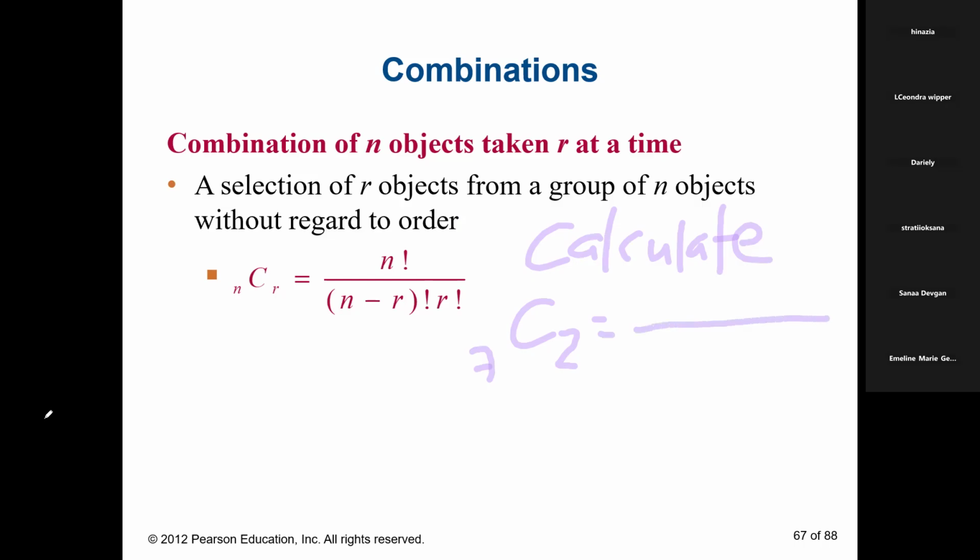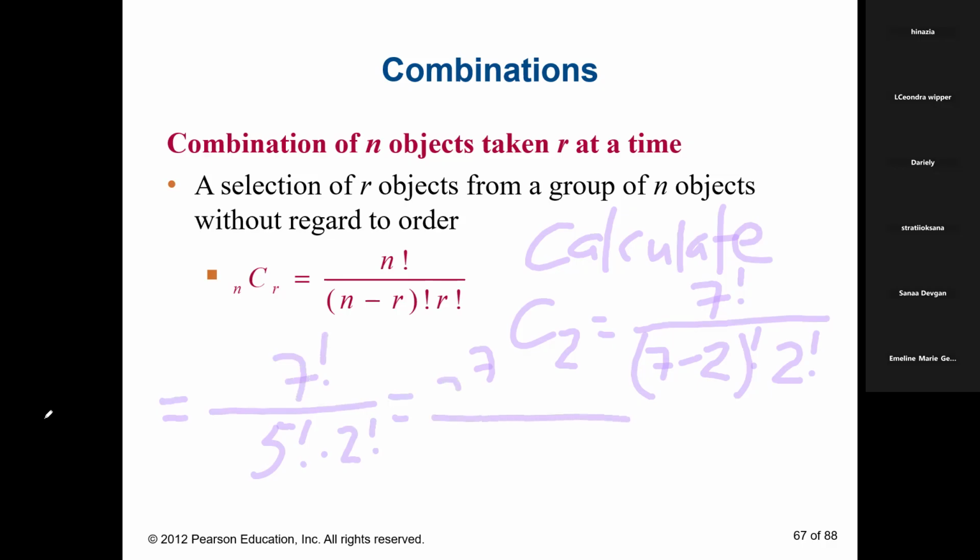Suppose we need to calculate 7C2. Okay, n is 7, r is 2. So that gives you 7 factorial over 7 minus 2 factorial times 2 factorial. Got it? Now, let's simplify here. So here you get 5 factorial below because 7 minus 2 is 5, over 7 factorial.